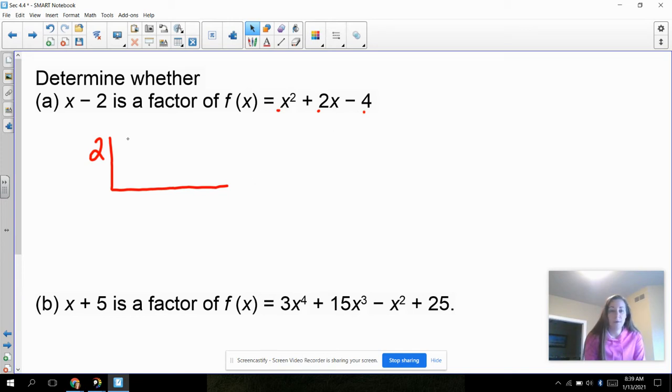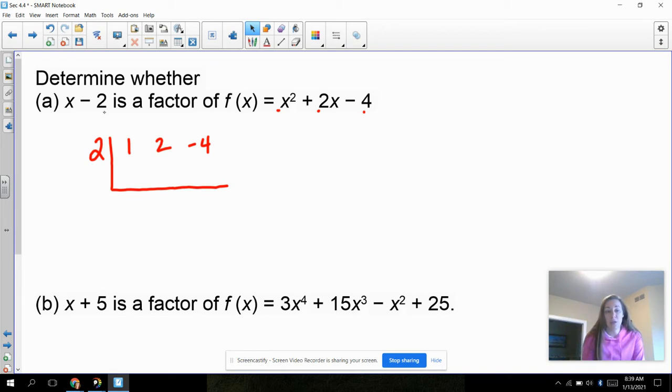So I'm going to put 1, then 2, then negative 4. And I'm going to do the synthetic division process. Long division would actually work here also. I don't think anyone's choosing long division over synthetic division, but if you did, it would work.